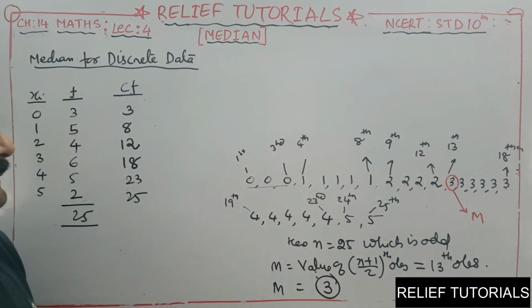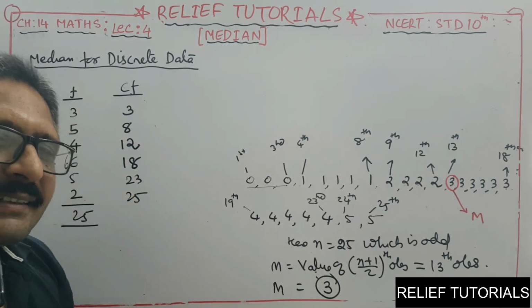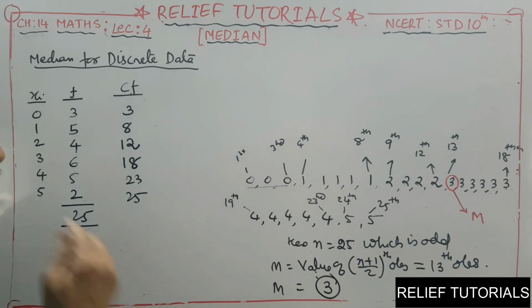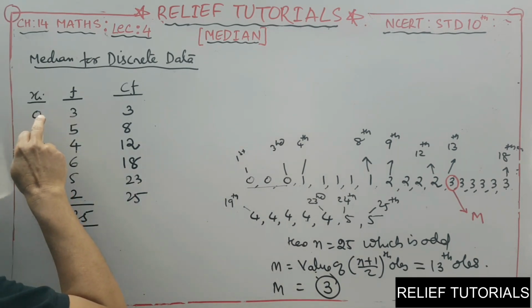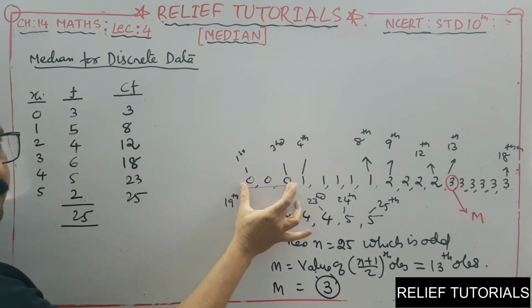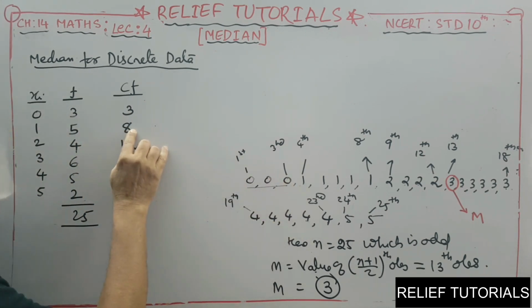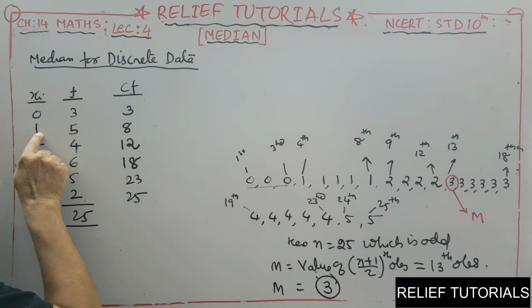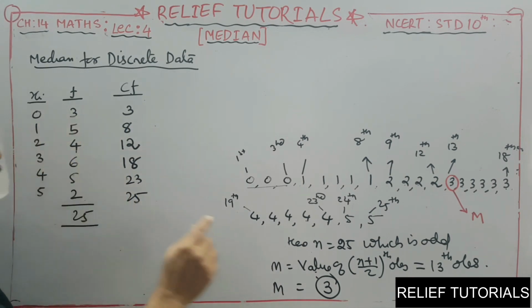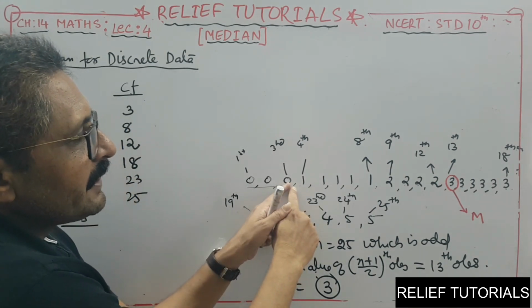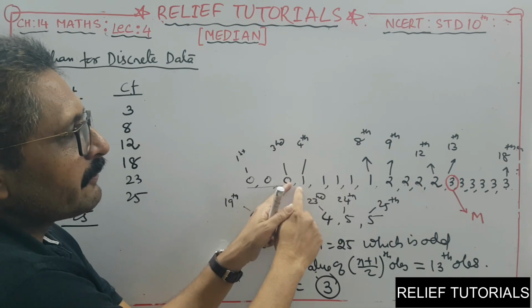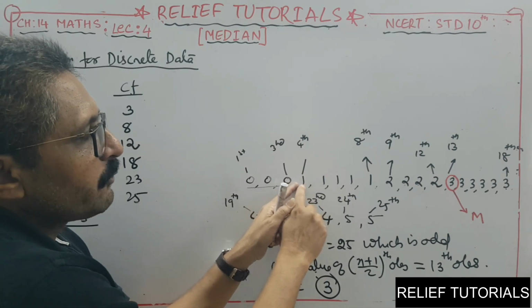So look here. What does this cumulative frequency mean? Cumulative frequency means students who got marks up to 0 are 3. Now here 8. What does this 8 mean? So 8 is the cumulative frequency of 1. It means students getting marks from the 4th observation.